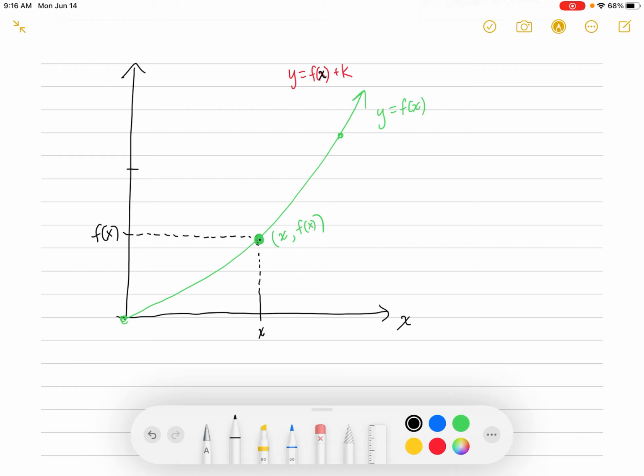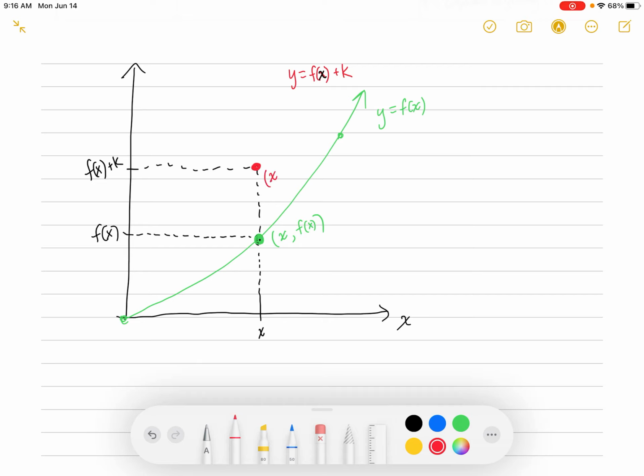So imagine where f of x plus k would be on the y-axis. You're going to take f of x and add k. So let's say k is the distance between f of x and this new little segment I'm putting there. So we'll call this output f of x plus k. I've basically taken a chunk of k and added it to f of x. So here the input was x, and the output was f of x plus k.